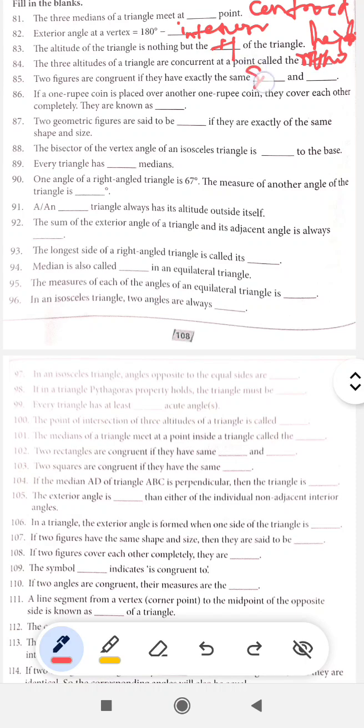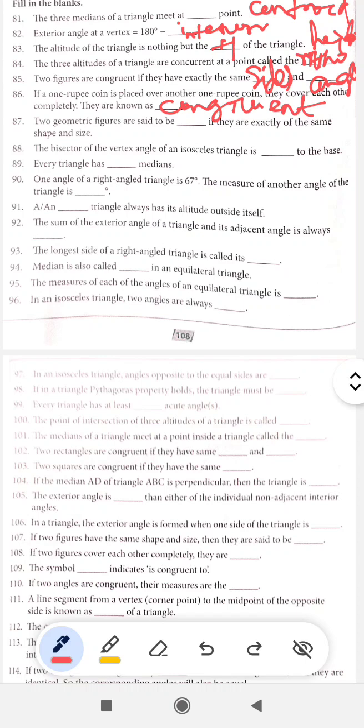Same sides and angles. Next, if a 1 rupee coin is placed over another 1 rupee coin, they cover each other completely. They are known as congruent.